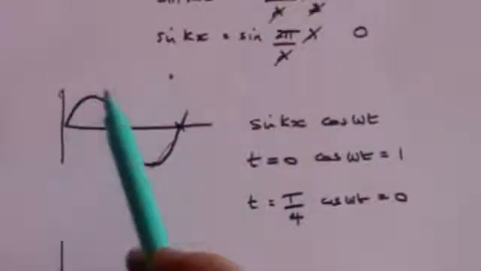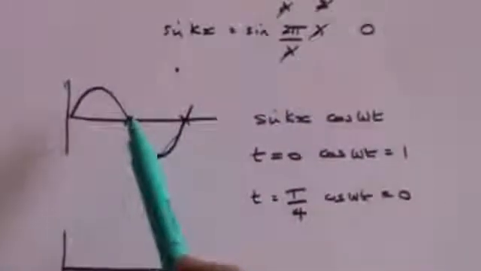Now let's consider what happens when t is T over 2, half the period. We calculated that the cosine omega t term is -1. So now you have to take this sine kx term and multiply it by -1, which means that you'll get essentially the inverse. This was what you got when you multiplied by +1. This is what you get when you multiply by -1.